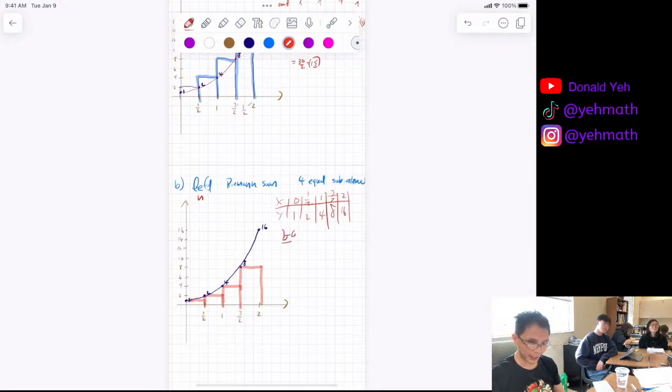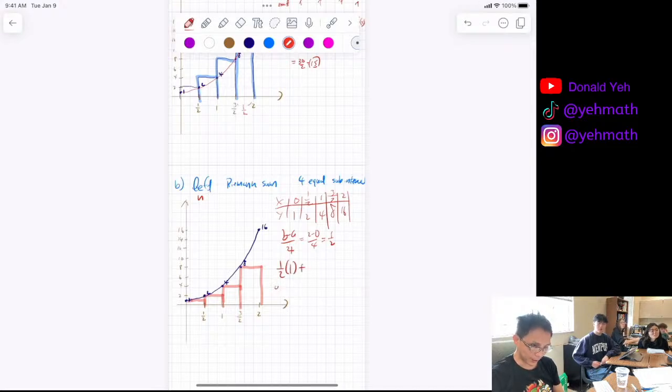B minus A over N, where N is 4, so it'll be 2 minus 0 over 4, 1/2 still. Which value am I using? For the left Riemann sum, 4 leftmost, which is what? 1.